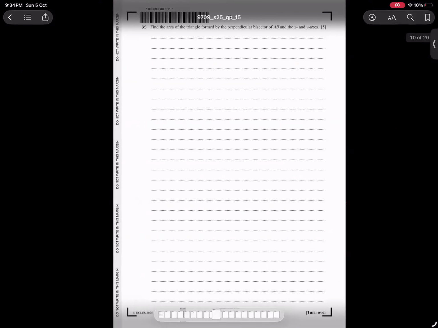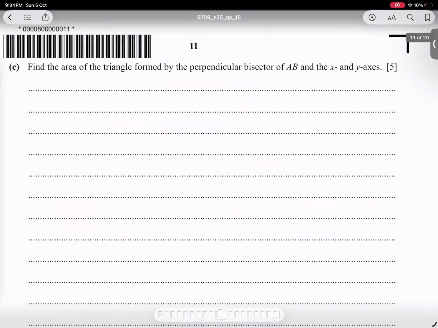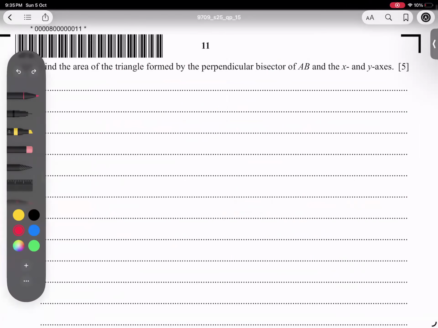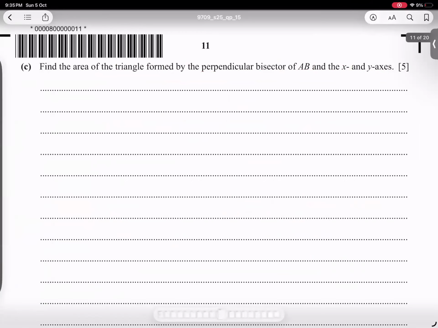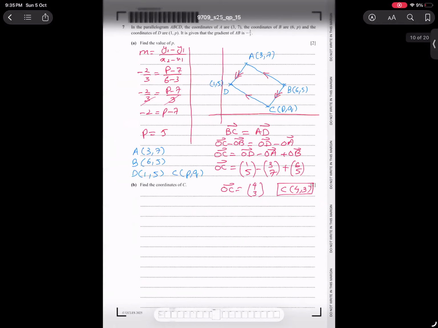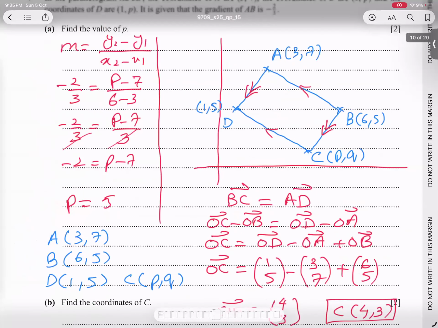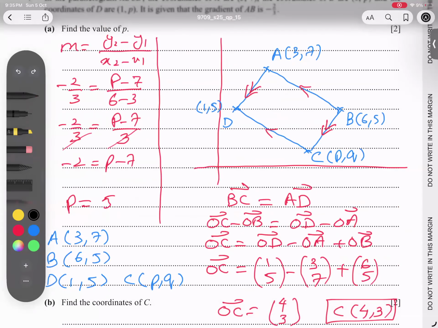What question do we have in the next part? The area of the triangle formed by the perpendicular bisector of AB and the X and Y axes, 5 marks. Okay, so let's try to do it on the same page. This is AB.